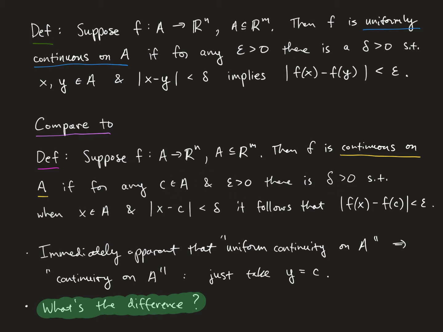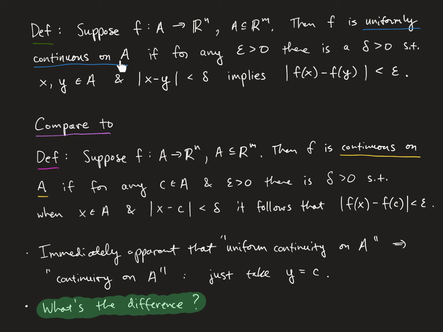So this delta is conditional on c, potentially. It's allowed to depend on c. But we might have a different delta for every c. So for each c, we're given an epsilon. We have to find a delta at that c for that epsilon. We move to a different c, it might end up for the same epsilon being a different delta. But that's not how uniform continuity works.